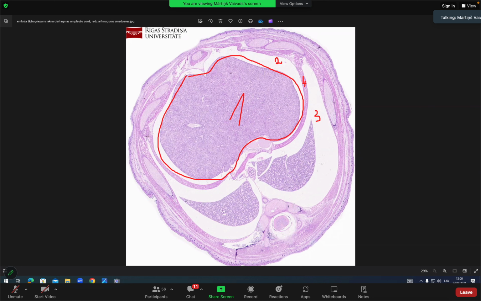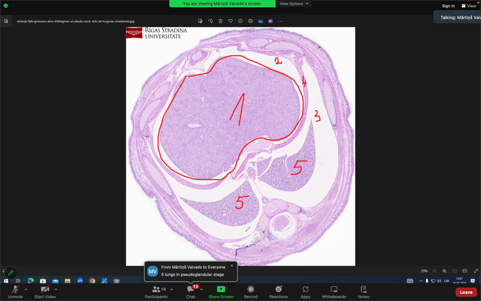If I'm going too quick, you can inform me. Then, what else is here? Any ideas what these organs are?